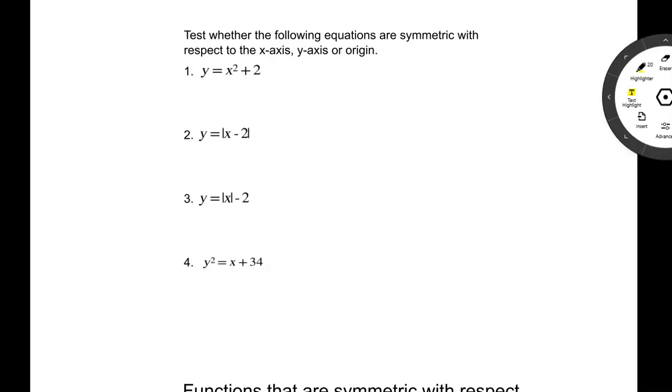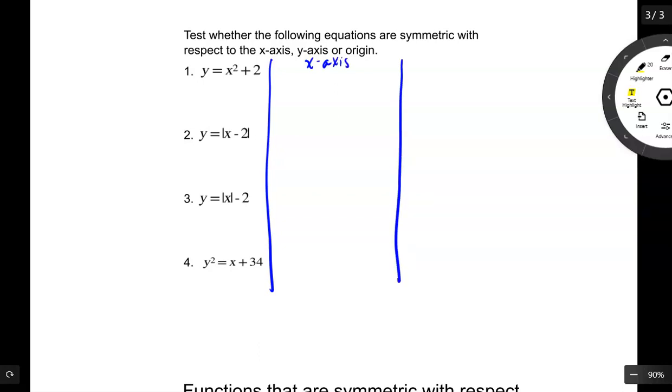methodology that was listed on the prior page, and I'm just going to make a grid here, make it a table. So we're going to test for the x-axis symmetry, y-axis, and finally we're going to test to see if it's symmetrical about the origin.